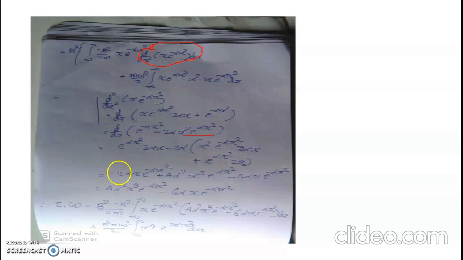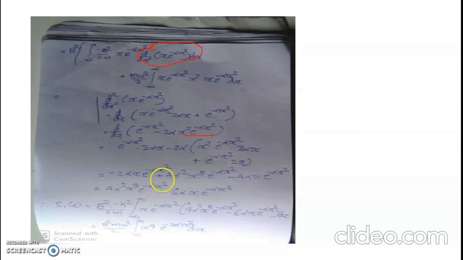That makes it minus 2 alpha x e raised to minus alpha x square, minus 2 alpha x e raised to minus alpha x square. This bracket is opened: minus 2 alpha, make it 4 alpha square x cube e raised to minus alpha x square. Again minus 2 alpha into 2x, that is minus 4 alpha x e raised to minus alpha x square.